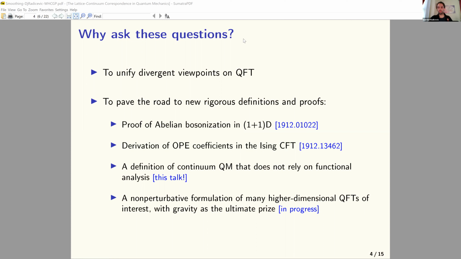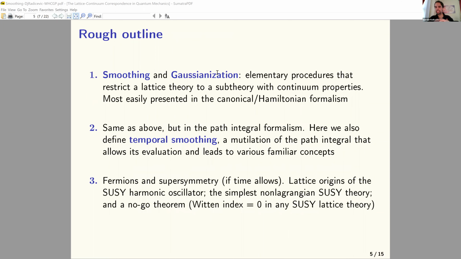This will become clear when I give you the outline, which I can just do now. The idea is that first I will be in the canonical formalism, where there's only the target space to talk about. I'm at a constant time slice, if you will. There I will talk about only what it means to discretize just the target manifold.